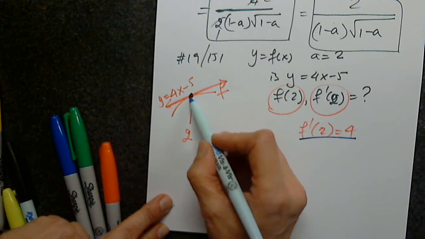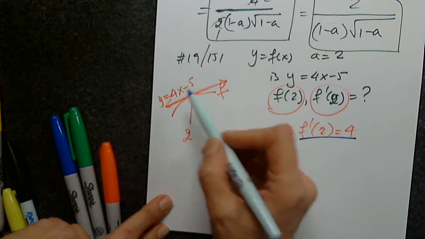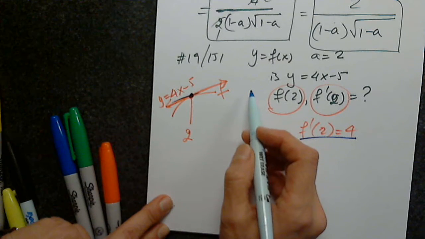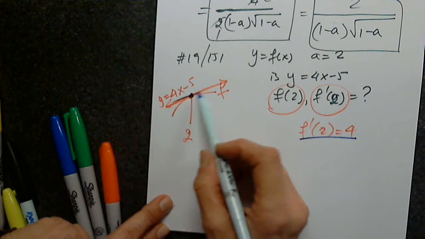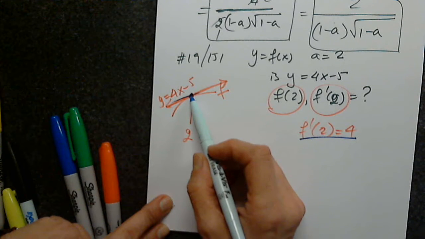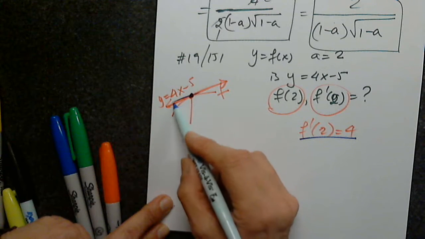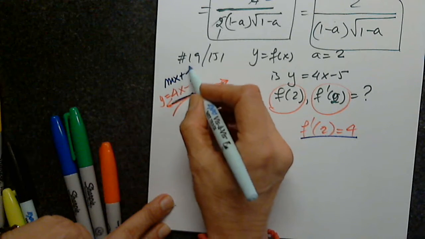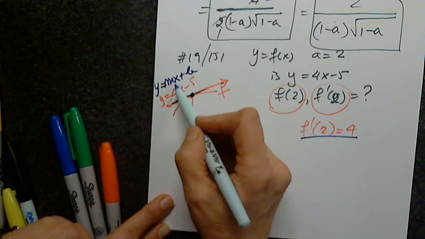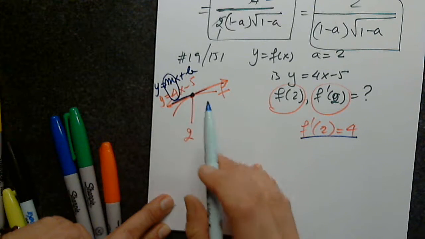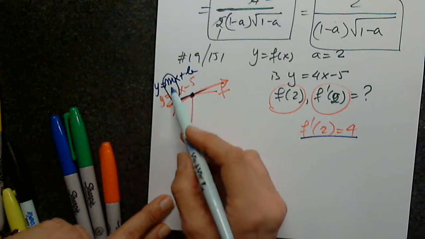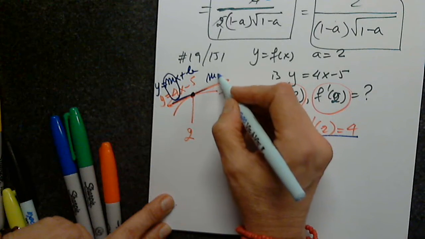We know that f prime gives the slope of the tangent line to the graph at any point, so it must give the slope of the tangent line at this point as well. But since I have the equation of the line, and I know this is mx plus b, when I compare the slope mx to 4x, then I know that the slope of this line is 4.